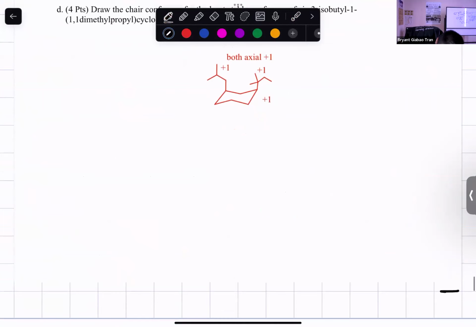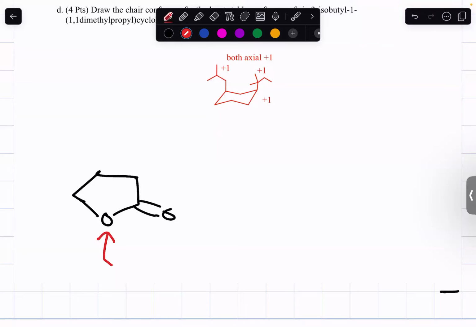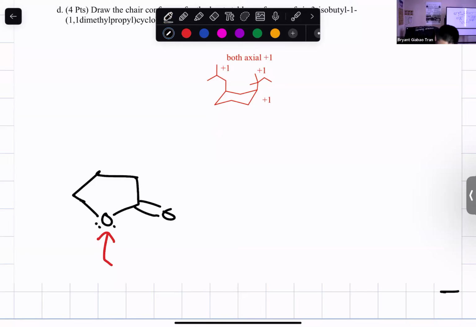That one's going to be something like this. What would be the hybridization of this oxygen atom here? Well, I know the oxygen would have one, two, three, four. Would it have two sets of lone pairs? Yes.